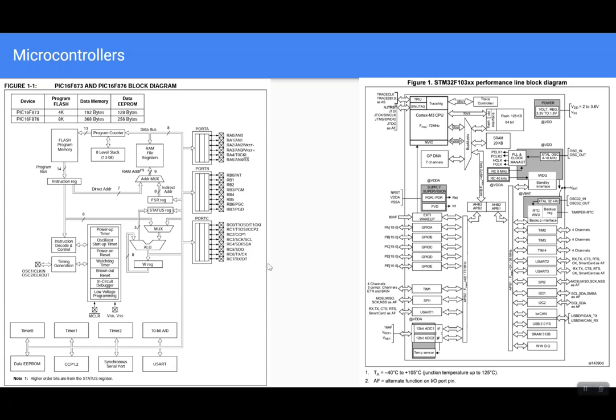Okay. So similarly, this is from STMicroelectronics, the STM32 microcontroller. What you see here is a block diagram taken from their respective data sheet.